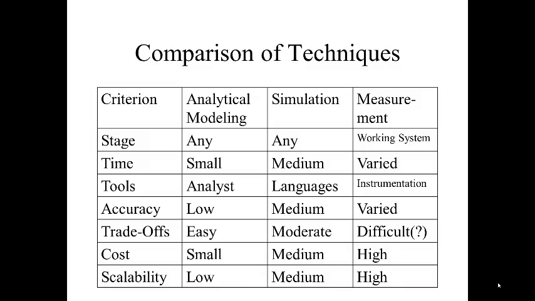The accuracy is variable. Usually this is the most accurate, and Jain actually listed it as difficult, but with some of the new modern tools it's certainly less difficult, although the modern tools do cost quite a bit of money, but you do get scalability in return for that. So we'll be discussing analytical modeling and measurement. We'll leave simulation for another discussion.